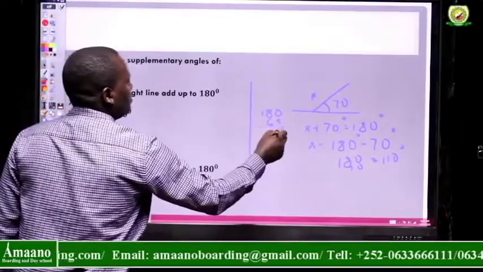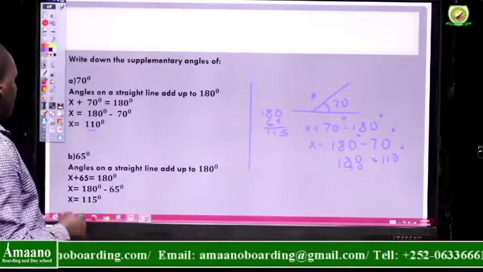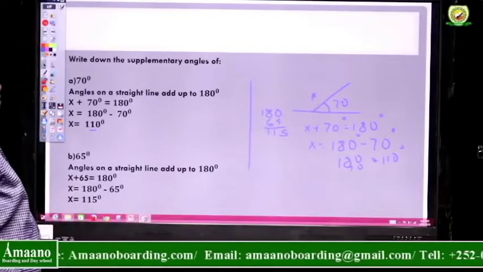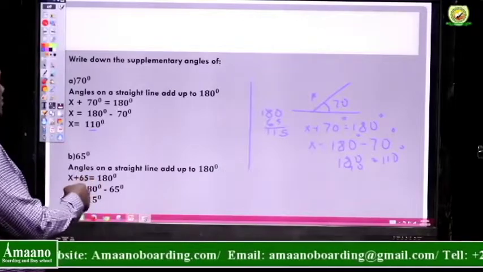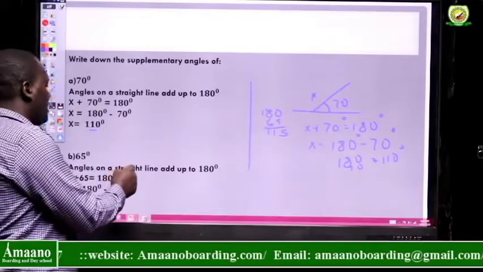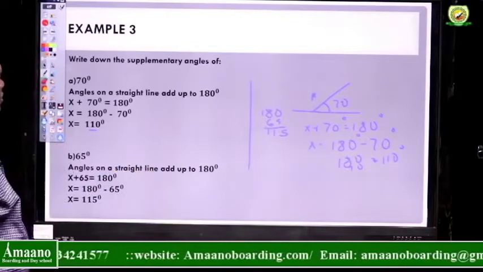That is 5, that is 1, and that is 1. So x, the value for x is 115 degrees. So that's 115 degrees, I plus 65 degrees, I'll get the total number of degrees on a straight line.